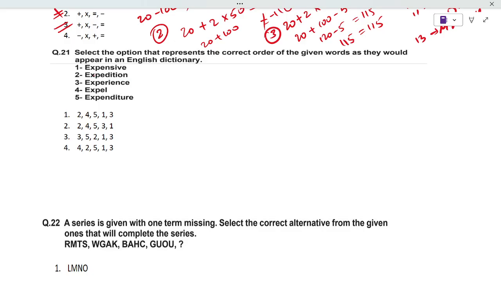In English dictionary order, A comes first, then B, then C. So we compare the next letters: N, D, R, L. I think D comes first among the 5 letters. But again we have 2 of them.